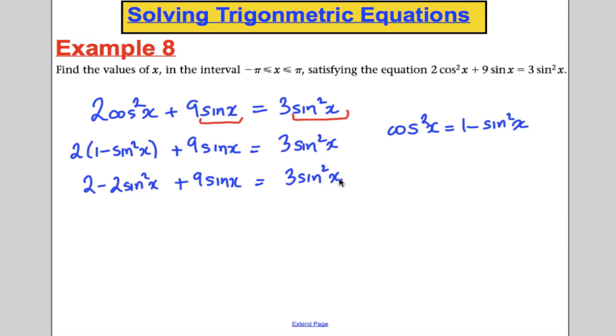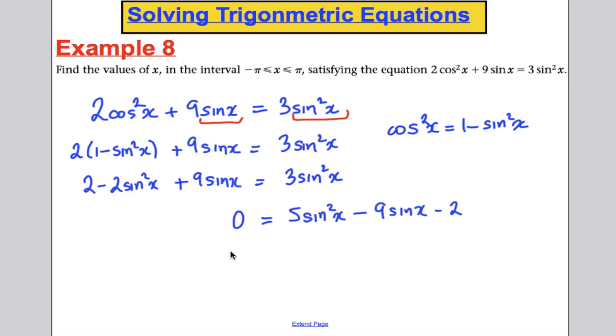We're looking like we're going to have a quadratic in disguise with sine squared x and sine x's, so I'm going to subtract 2 off both sides, add 2 sine squared x to both sides and minus 9 sine x, i.e. make this side 0, and I would get 5 sine squared x minus 9 sine x minus 2.